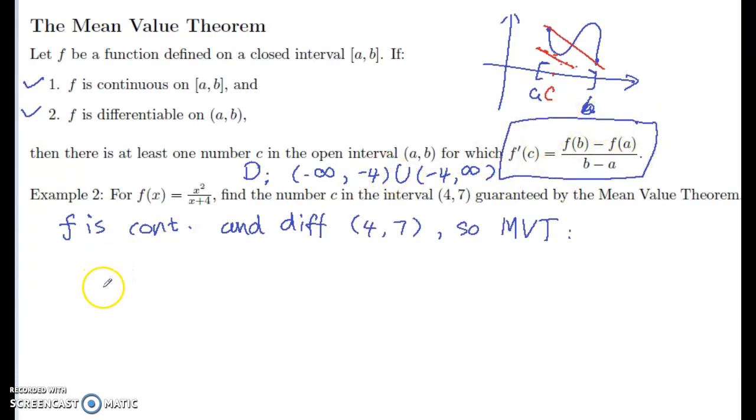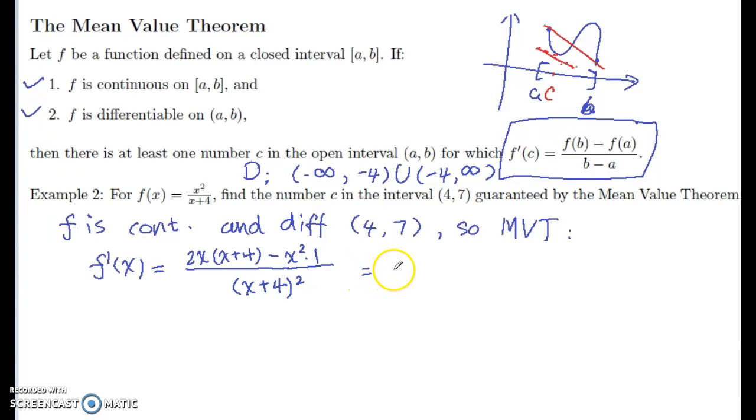So we have to compute. First, we compute what is f prime of x. It is a rational function, so we use the quotient rule. So it is 2x times x plus 4, so we're applying the quotient rule, subtract x squared times the derivative of the denominator, which is 1, divided by x plus 4 squared.